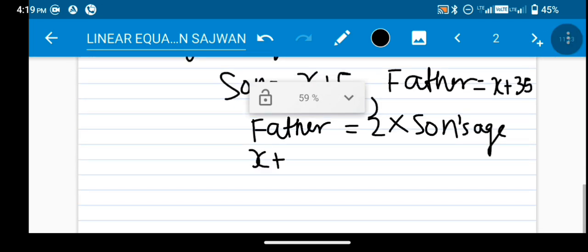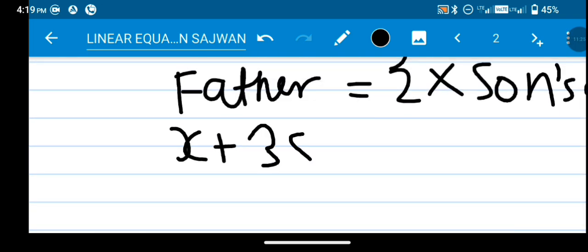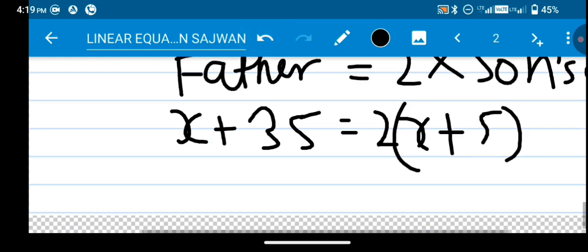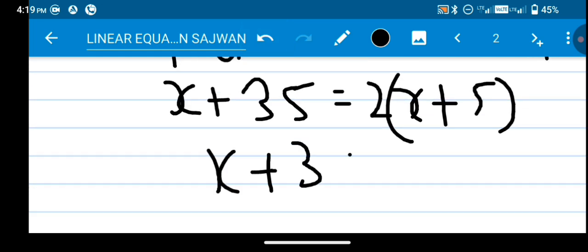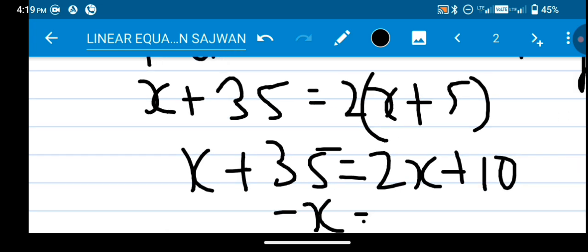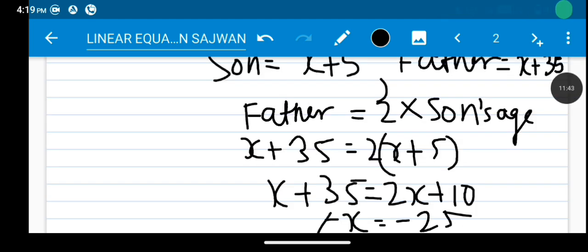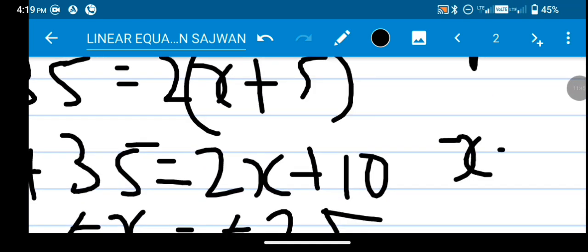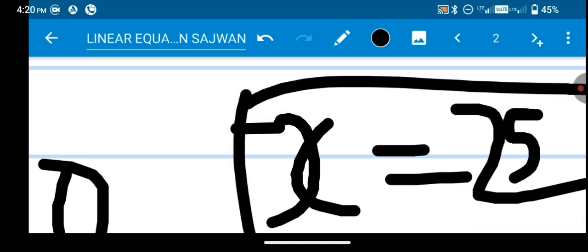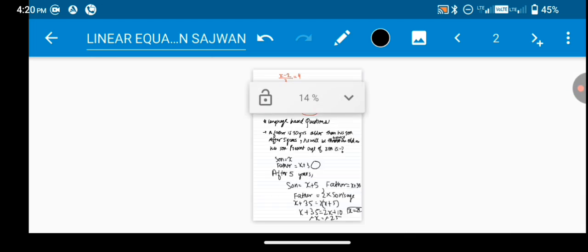So x plus 35 will be equal to 2 bracket x plus 5, which is 2x plus 10. x minus 2x will be equal to 10 minus 35, and x will be equal to 25. Here is the end of the session.